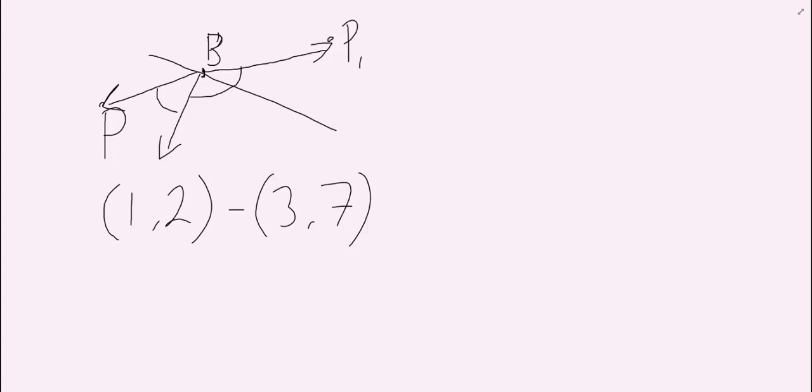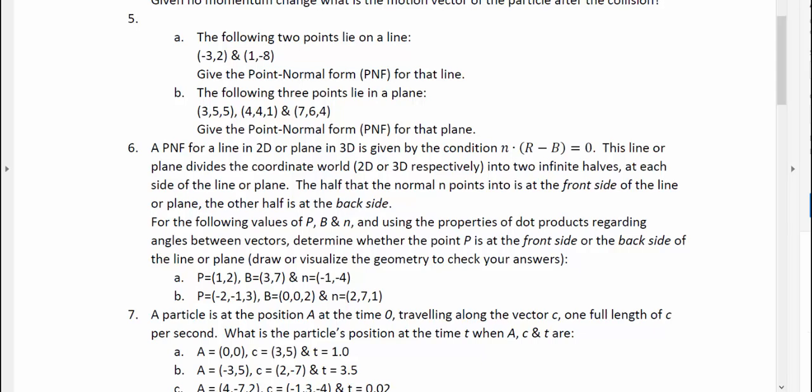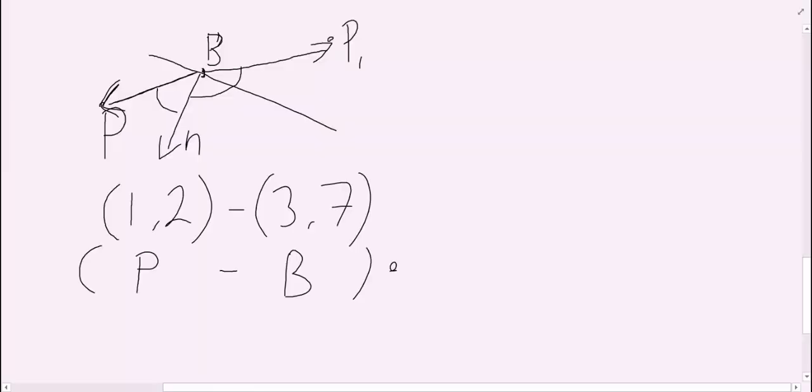So we're doing P minus B, and taking the dot product of the difference between P and B, that is this vector here, and the vector N, which in this case is minus 1, minus 4.